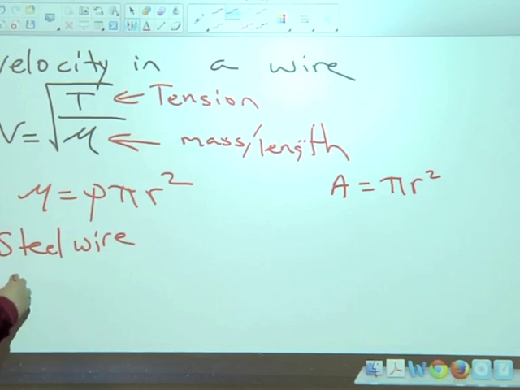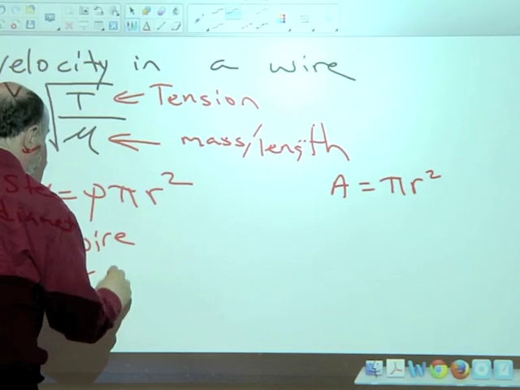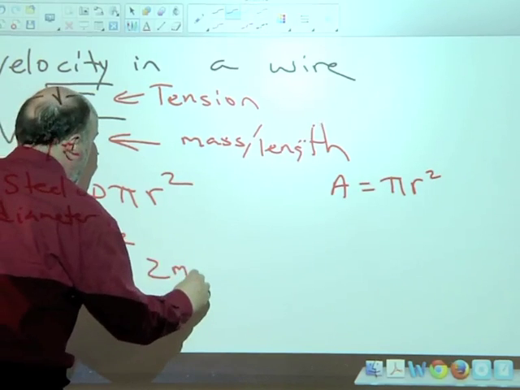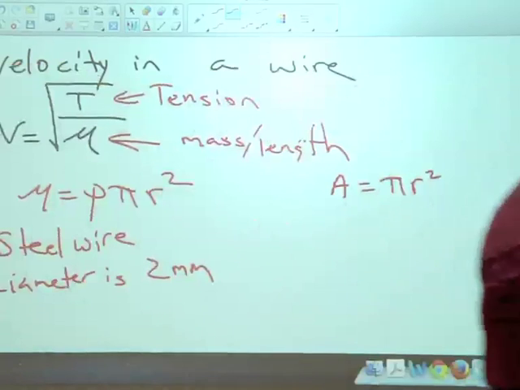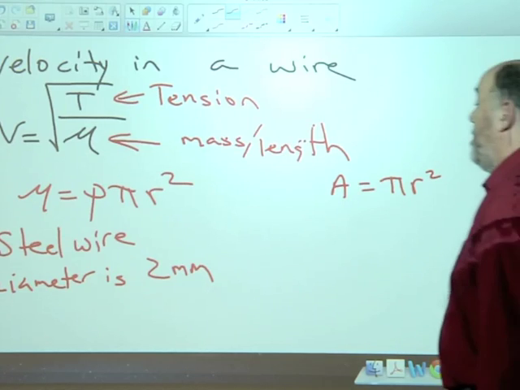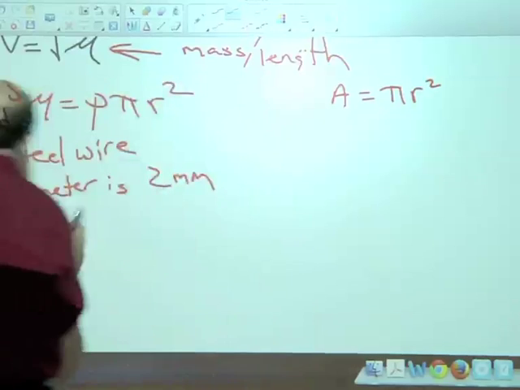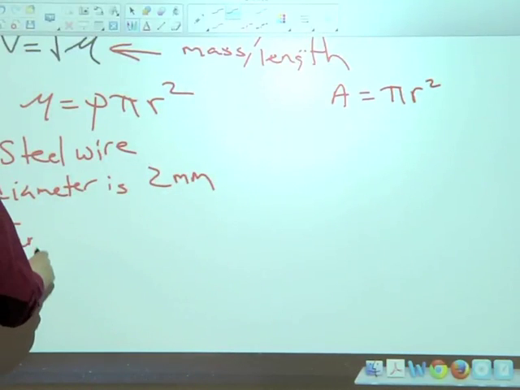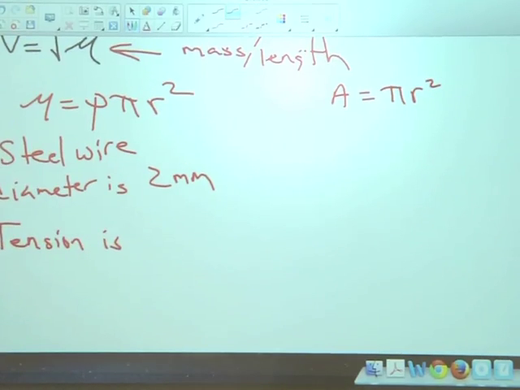The diameter is 2 millimeters. We want the tension in the wire.